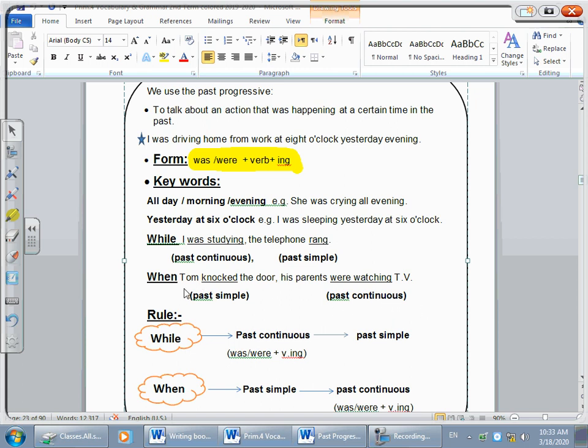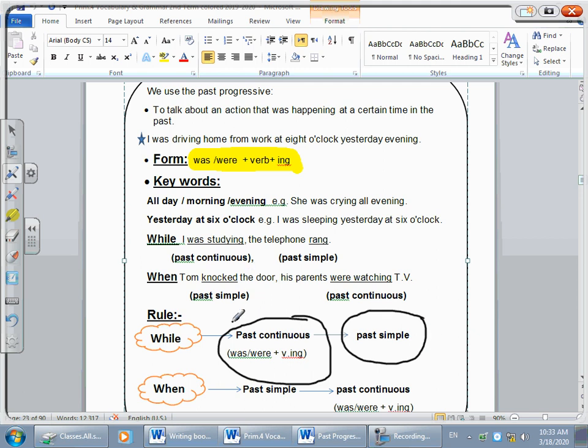Again, I just need to tell you the rule of while and when, that are keywords of the past progressive. Whenever we use while, it has to be followed by a past progressive, okay? And then the second verb in the second sentence should be in the past simple tense.